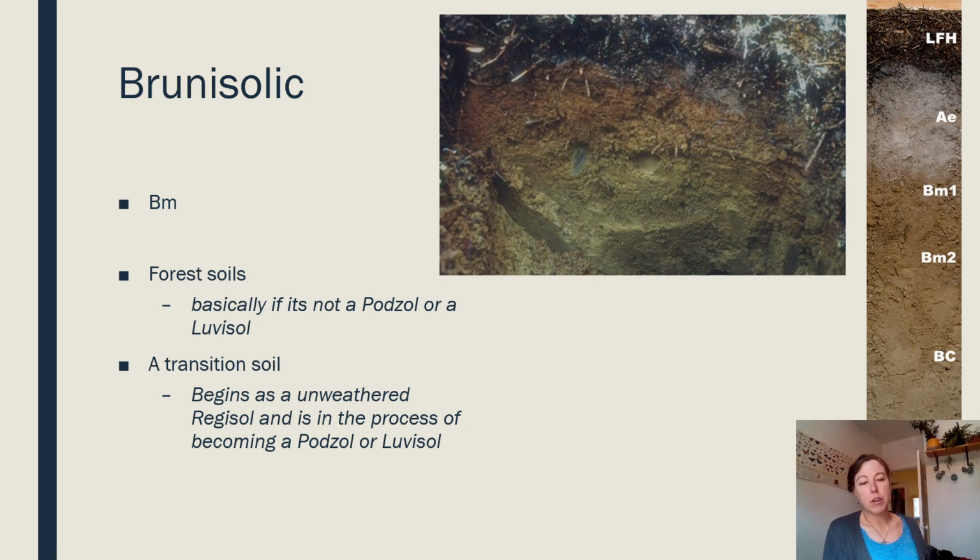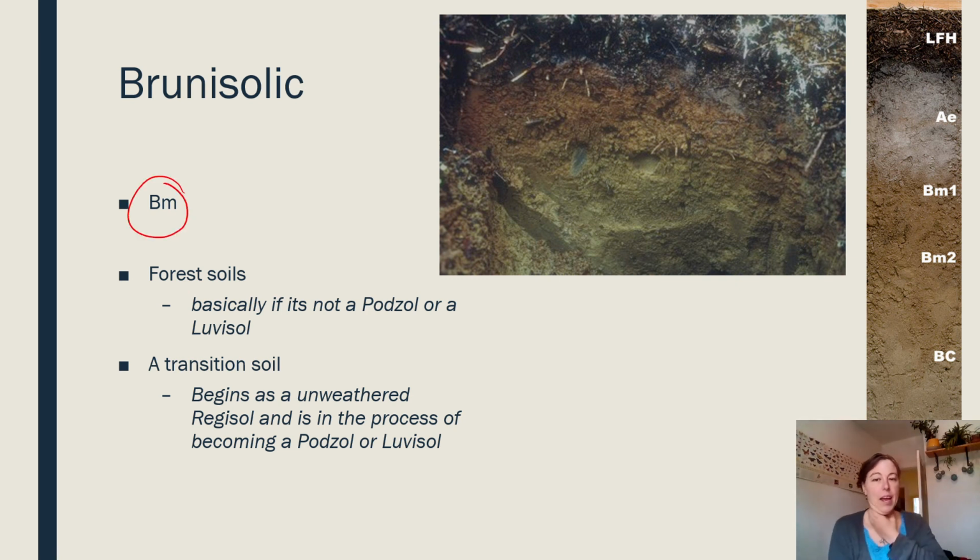Brunisolic is our third forest soil, and this one's a little bit harder to ID. It's typically a transition soil. So if you don't have the distinctive horizon layers that you have in some of the other ones, then often it's a brunisolic. It's less weathered, it's younger. And we have a BM layer.